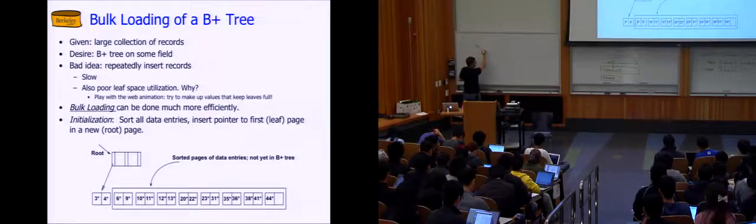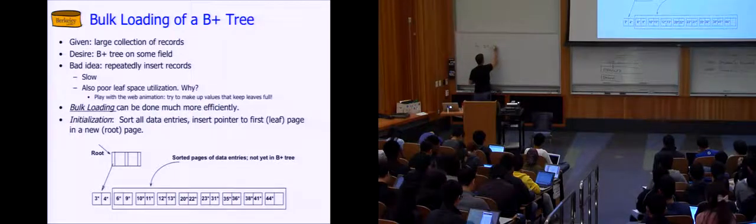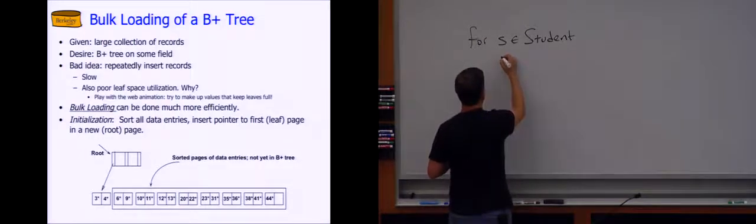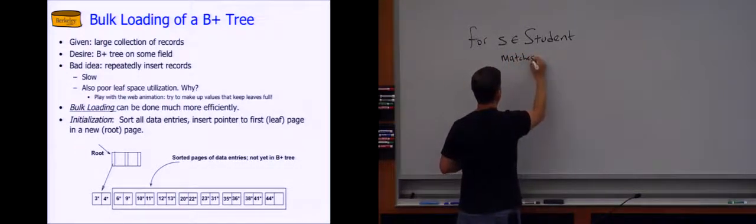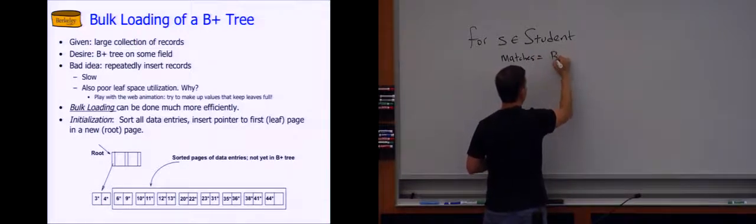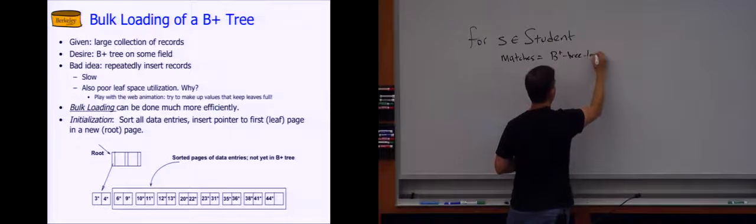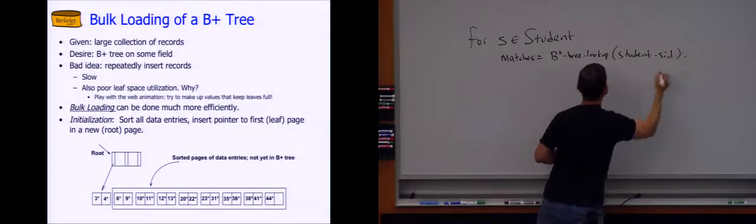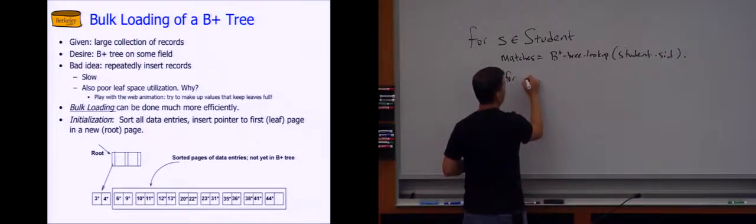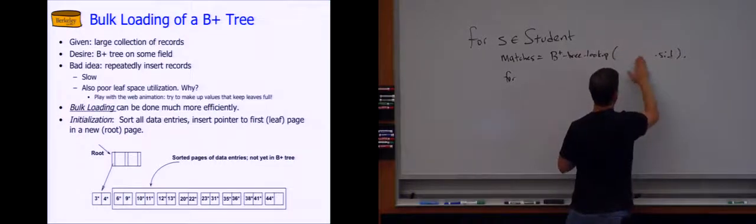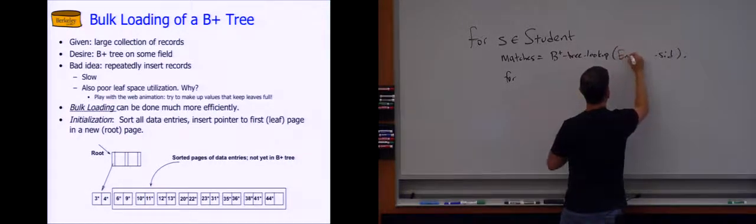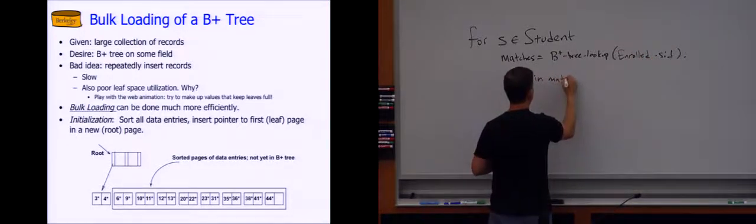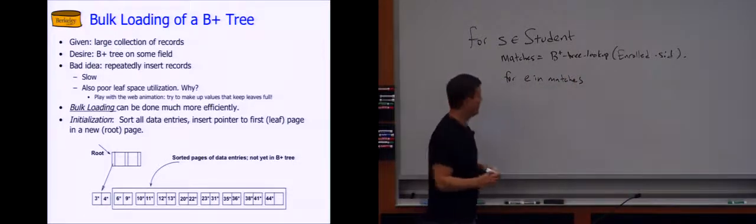For S in student, matches equals B plus tree lookup student dot SID; for E in matches, of which there may be more than one, right?